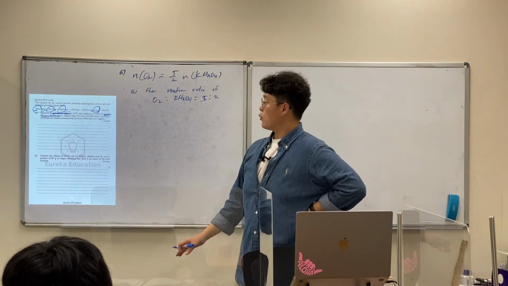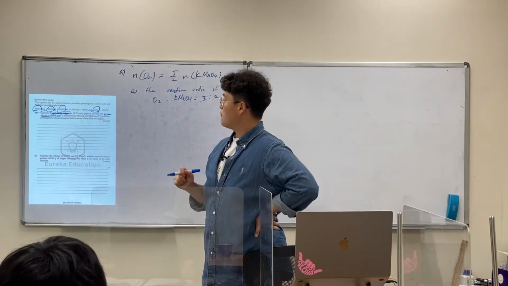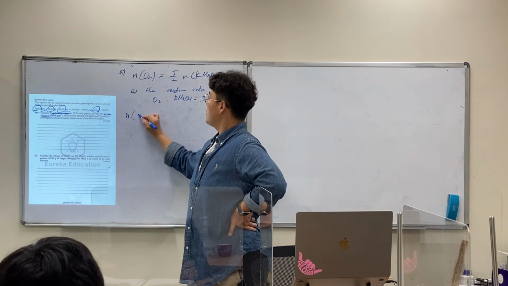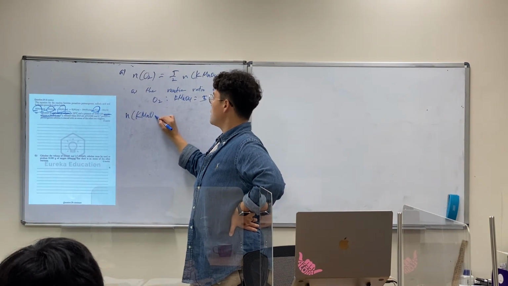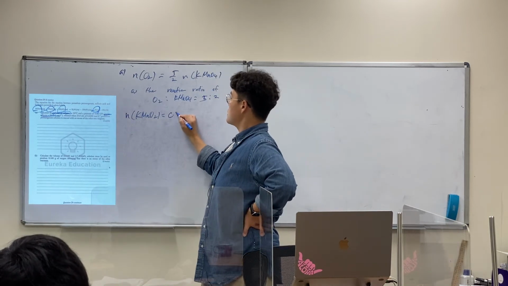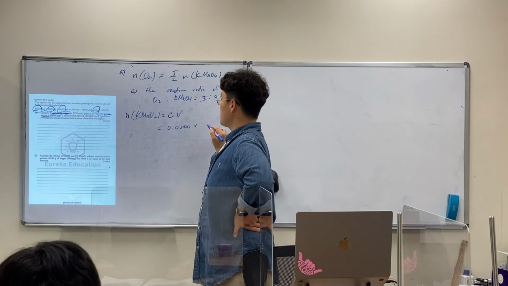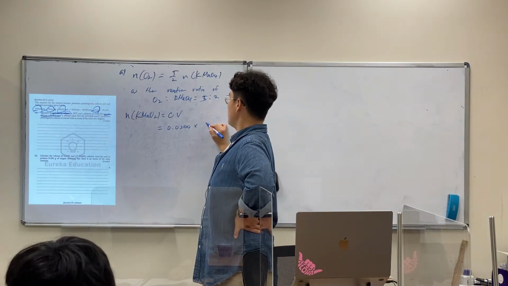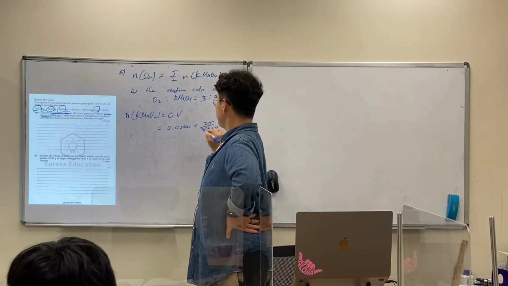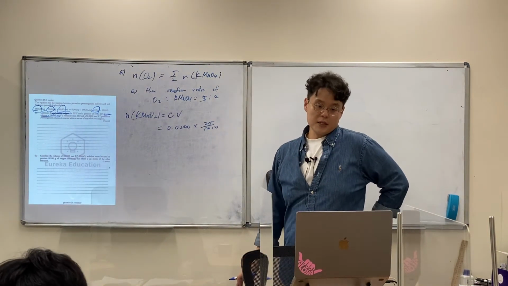And that's it. We are given this. From the given 25 mL of potassium permanganate, we can find the moles too. From the given concentration, n equals CV: concentration 0.0200 times 25 mL in liters, 25 divided by 1,000. Everyone following this?